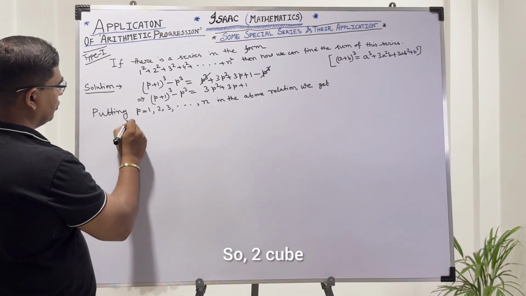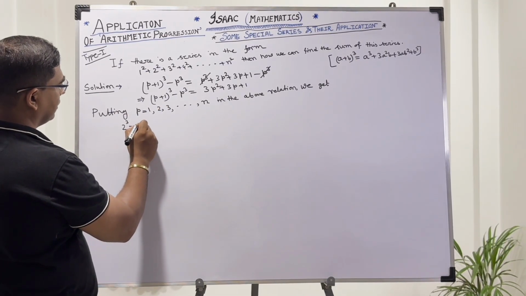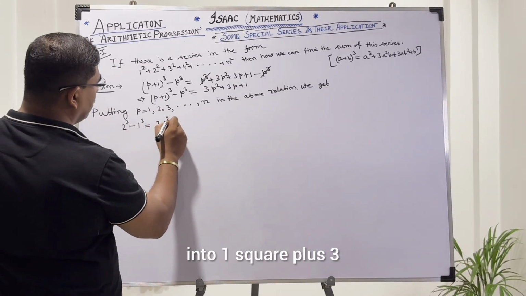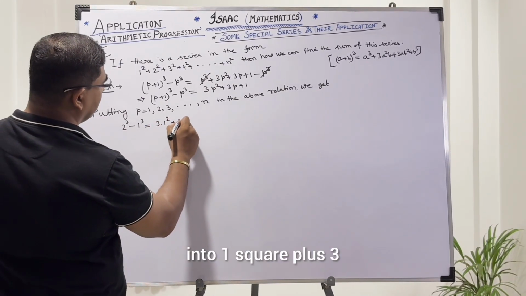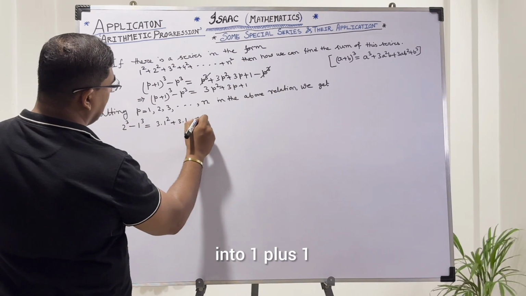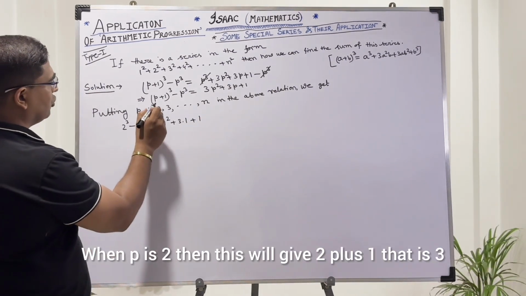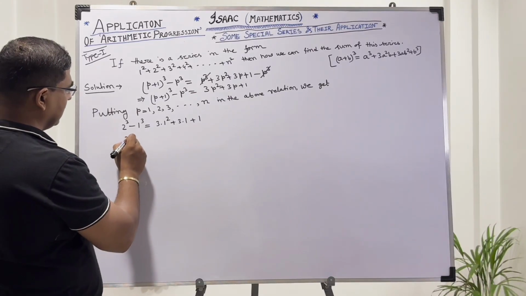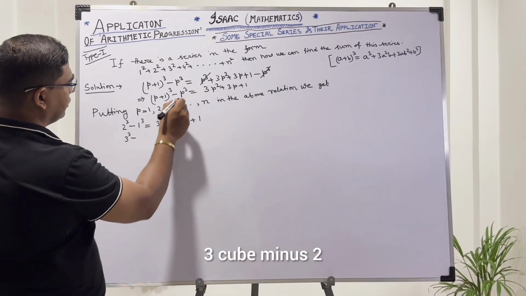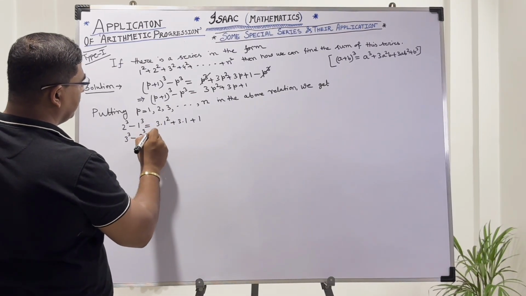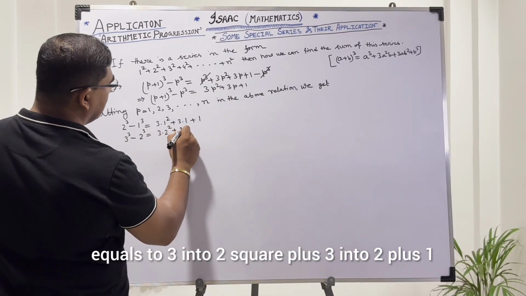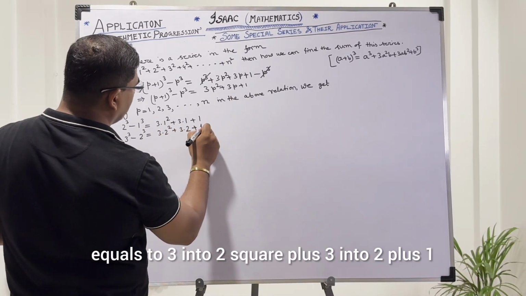So 2 cube minus 1 cube is equal to 3 into 1 square plus 3 into 1 plus 1. When p is 2, then this will give 2 plus 1, that is 3. 3 cube minus 2 cube equals 3 into 2 square plus 3 into 2 plus 1.